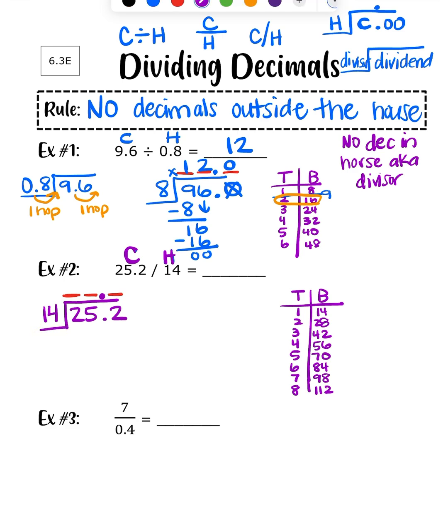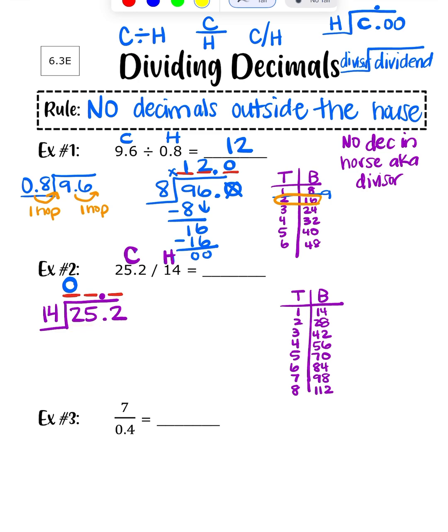So first question I'm going to ask myself is, can 14 people sit in 2 chairs? Well, no, 2 would be up here above 14, and so that first one is going to be a 0. All right, so then I ask myself, can 14 people sit in 25 chairs?